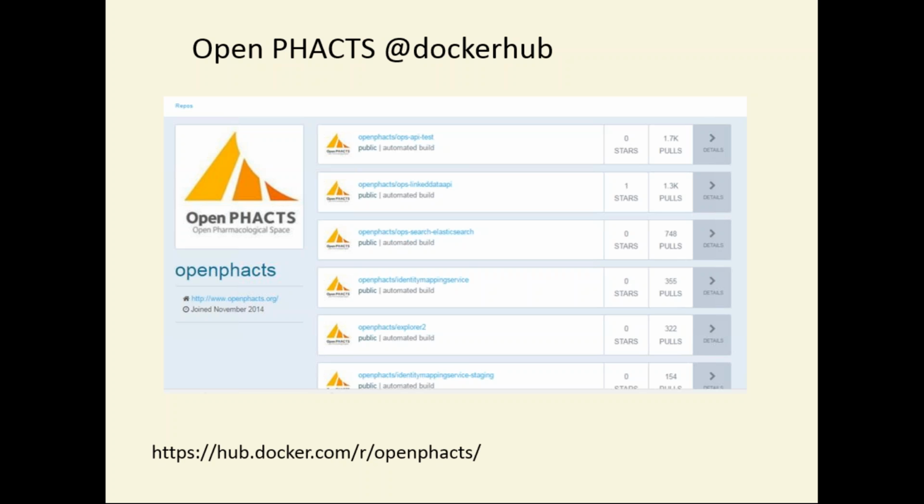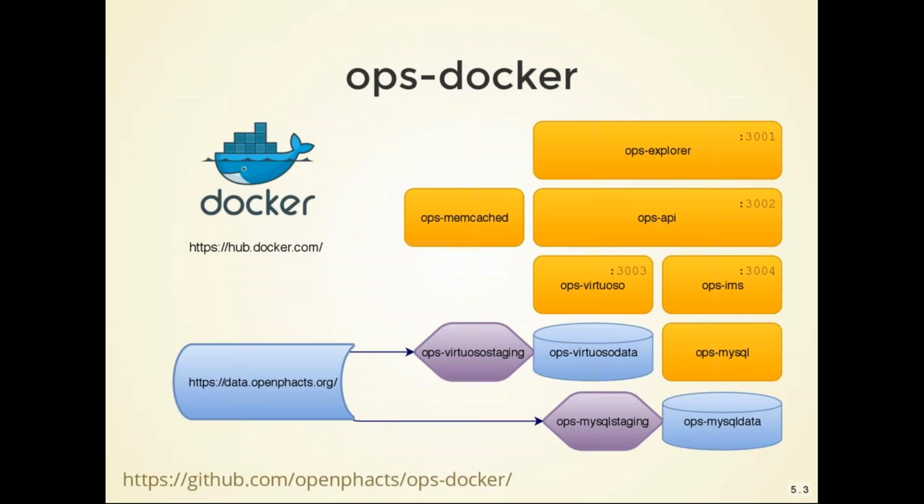So we've gone down that model to support people being able to access our Docker images. And I think one of the important learnings that Stian was able to do was that he broke down the overall Open PHACTS architecture into a number of separate Docker images, which makes the updating of those much easier than having one single image for all of Open PHACTS.